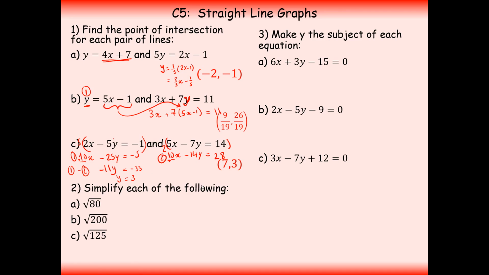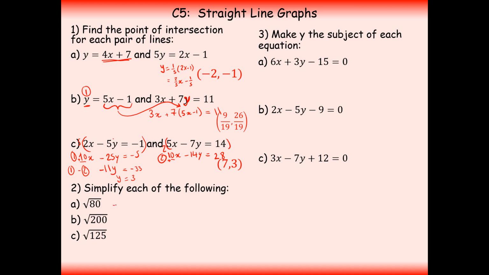Then question 2, try to simplify those surds without a calculator. You should be able to do that. The highest square that you can divide 80 by is, I think, 16 divides 80. 80 divided by 16 is 5.